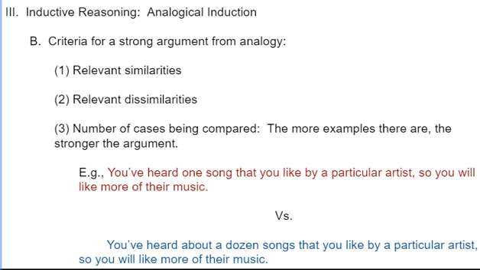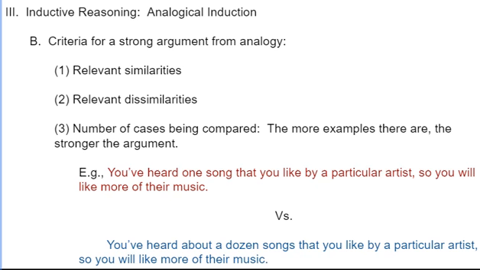You have a stronger case for your conclusion that you're probably going to like their other music as well, if you've heard a bunch of songs versus only one song. That's all we really mean here. This is an argument from analogy because that's the way we think about music. You think, well, this song has all these elements that I like. This song over here is by the same artist, so they are likely to have all these things that I like as well.